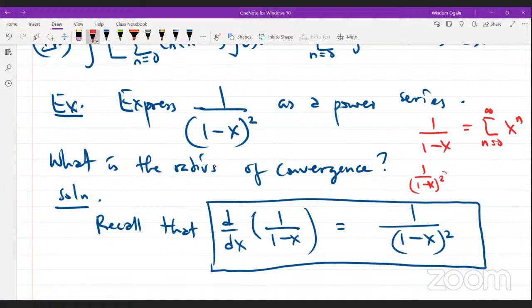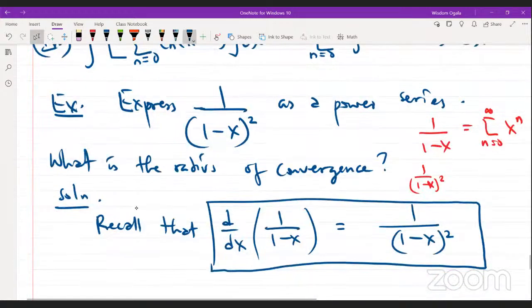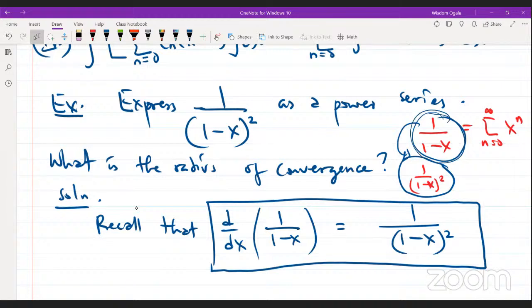This really changes things. This guy is just 1 minus x, but this guy is 1 minus x all squared. So you have to pay attention to the guy in the box. Keep in mind that this guy is generated from this guy: when you differentiate this guy, you will get this guy. You can try it.